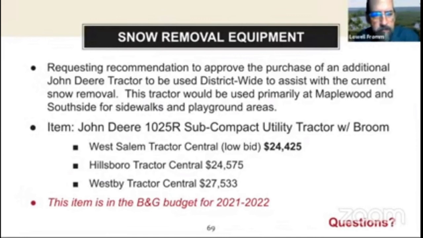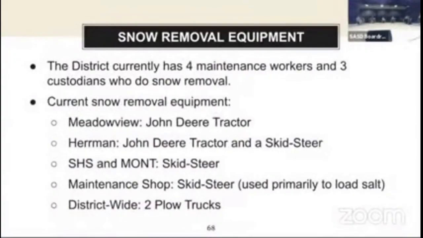Okay. Second question. Go back to that slide with the equipment on it. We've got 2 plow trucks. I mean, you start adding this stuff up. Do we need the equipment for Meadowview, and not be able to use one of these other pieces of equipment?